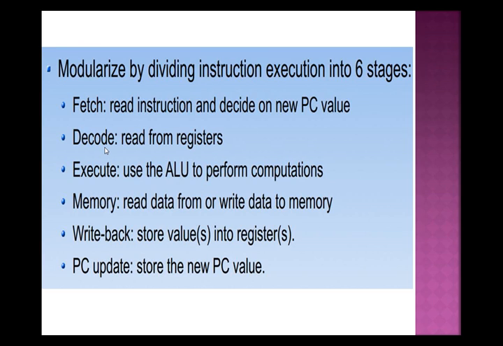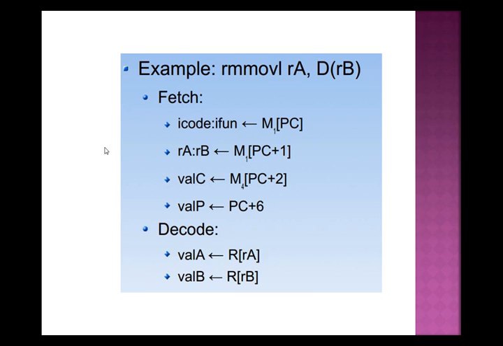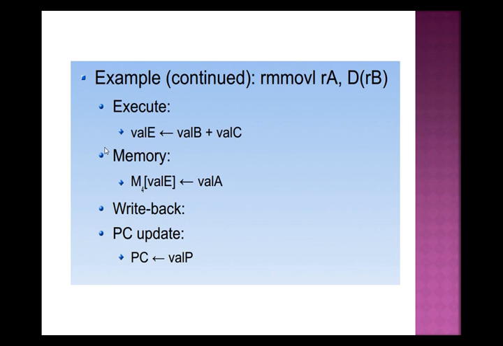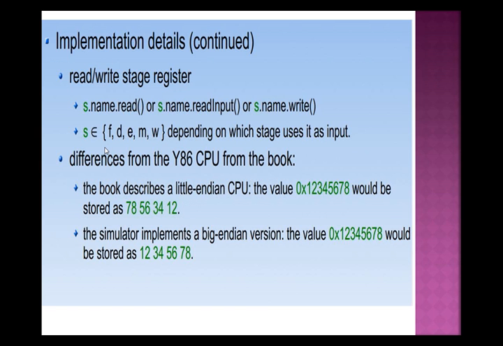Then we also discussed the division of instruction execution into 6 stages: fetch, decode, execute, memory, write back, PC update. This is the example for fetch, decode, execute, memory, write back, PC update.